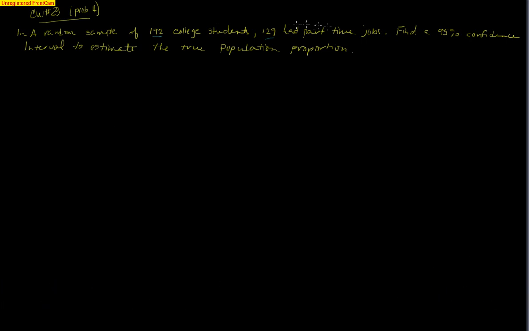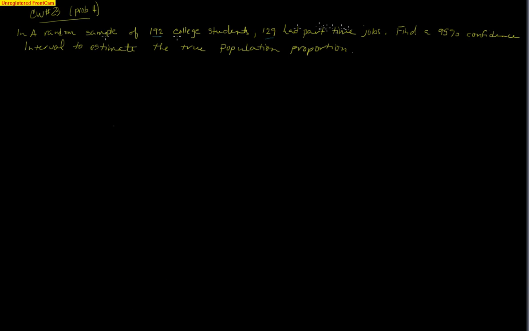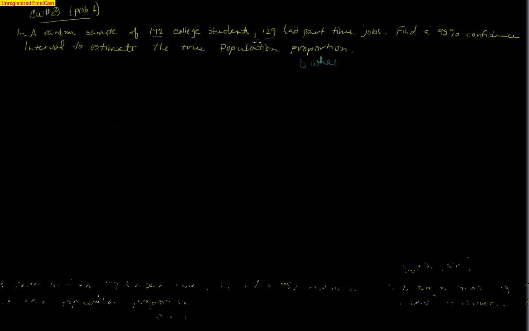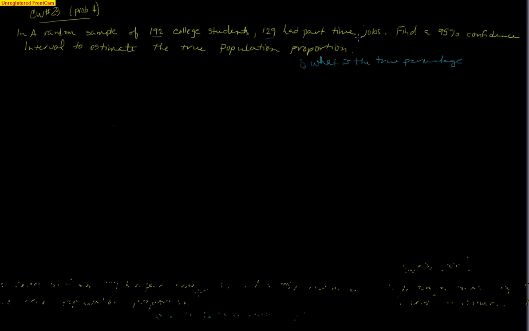So we're going to use that random sample to help us come up with an estimate of the true population proportion, or in other words, what is the true percentage of community college students that have part-time jobs of the entire population.